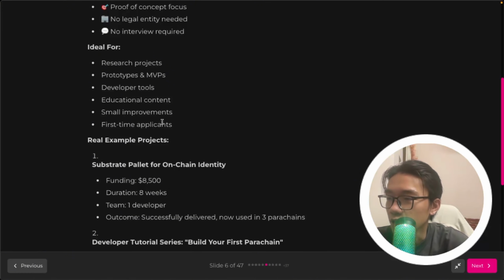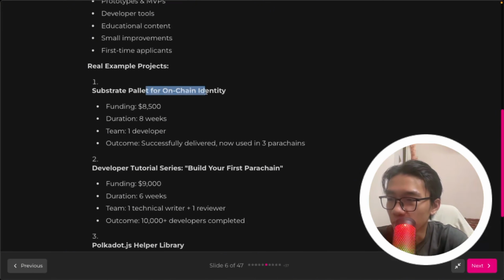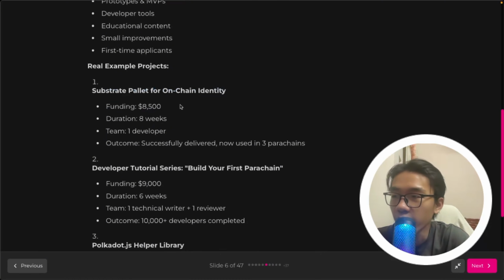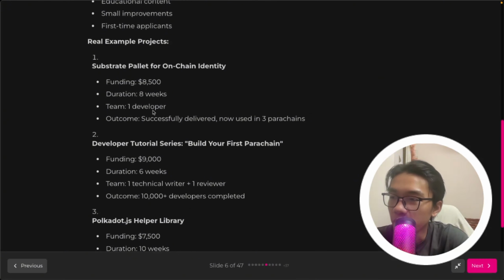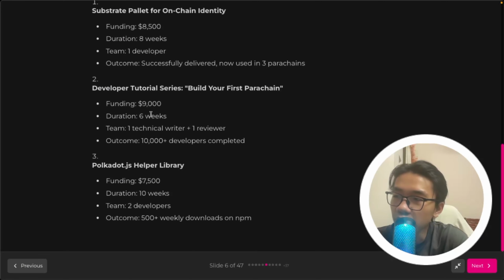Real examples. We have a Substrate pallet for on-chain identity. This team applied for around 8,500 dollars, with a duration of around 8 weeks and a team of one developer. After successful delivery, it is now used in 3 different parachains.